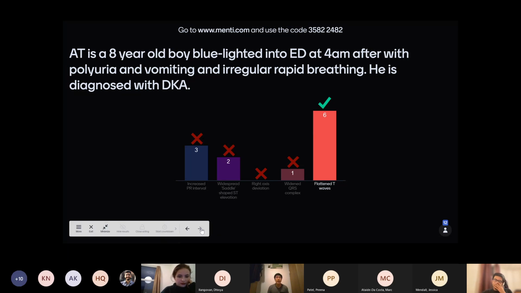And then just to round off the DKA management, at what point would you start them on glucose for fluids, dextrose? So a day later, you can see their glucose is dropping a little bit, below 15.